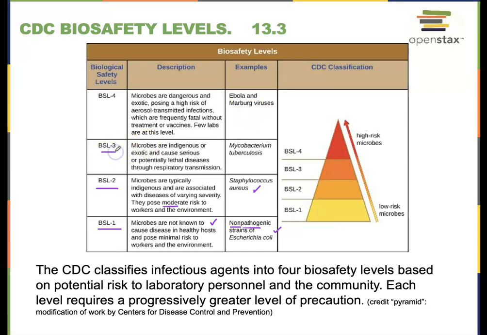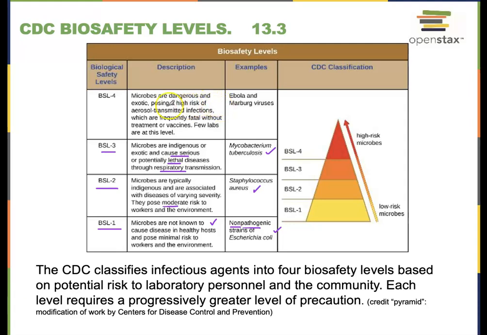Then we get into the more severe, dangerous microbes that are going to cause serious, potentially lethal diseases, and you can even get them through respiratory transmission. And this would be something like Mycobacterium tuberculosis. And then what we saw in the picture before, this head to toe, completely isolating yourself from the environment.